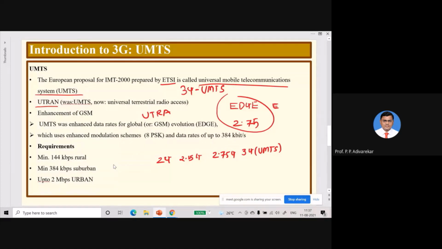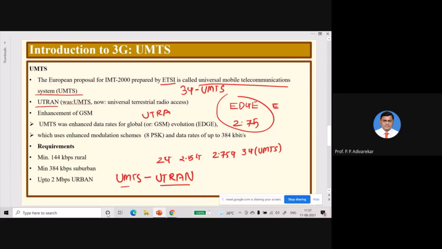So now UMTS is known as UTRA or UTRAN. The UMTS and UTRAN are one and the same thing. The old name was UMTS, and the new name is UTRAN.